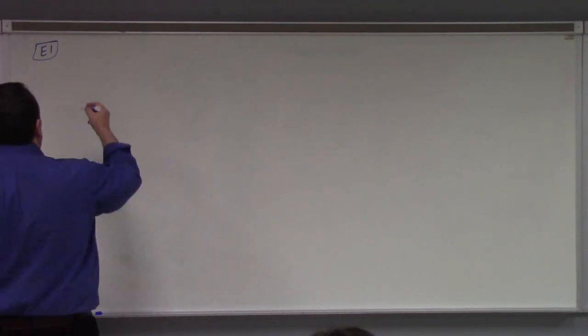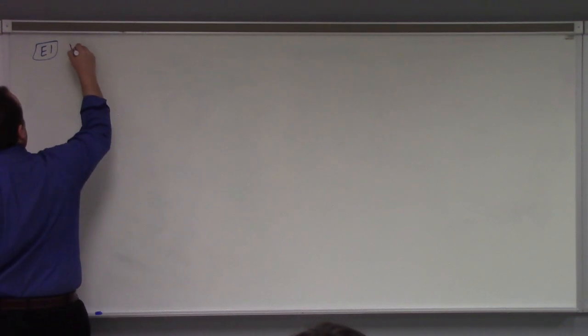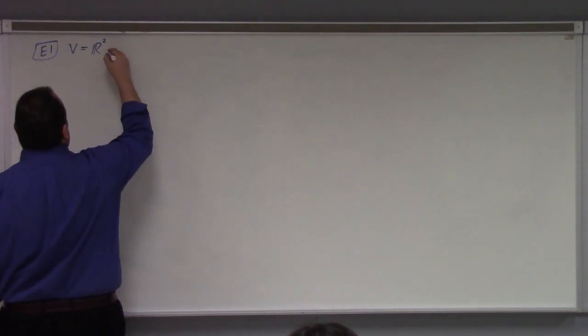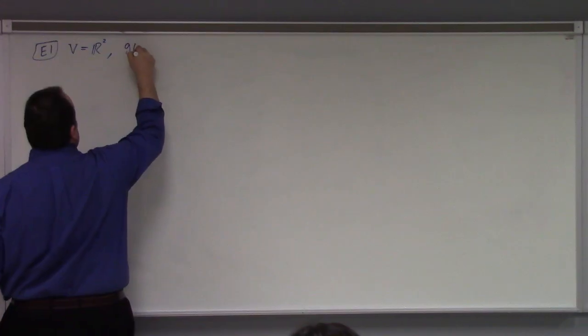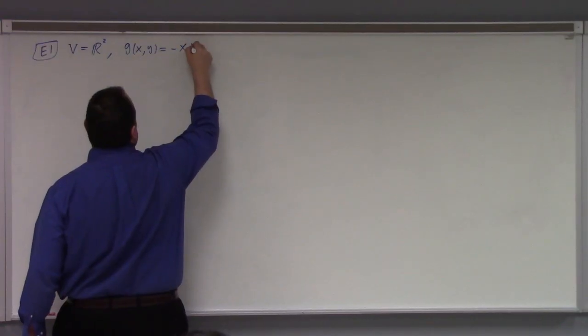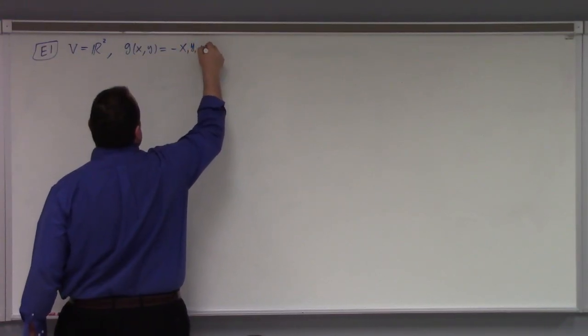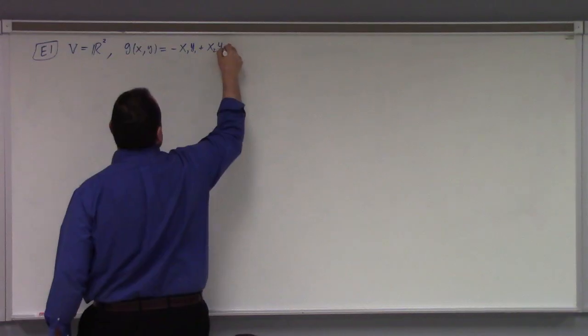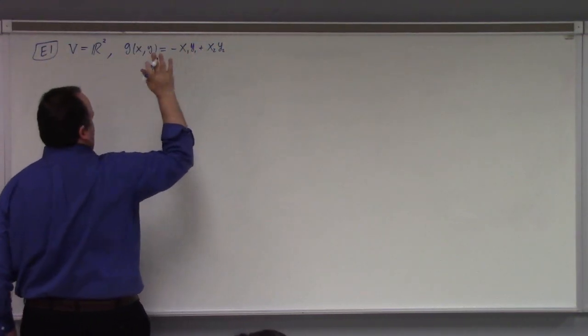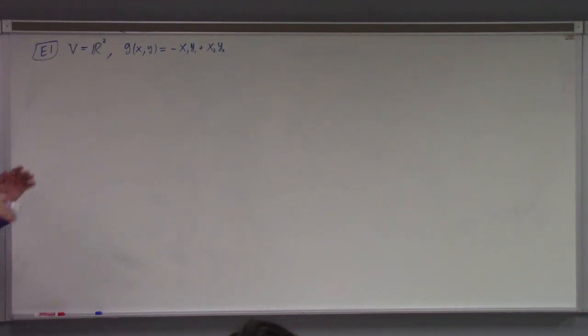A nice example is given by R2 being your vector space, and we can say G of x comma y is equal to minus x1 y1 plus x2 y2. I guess we've been using upper indices lately, but it doesn't matter. I'll leave them down for this example.